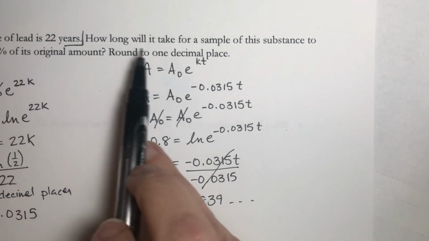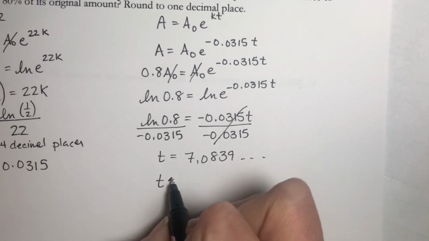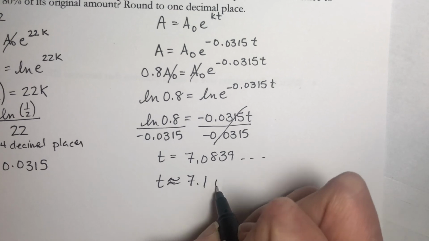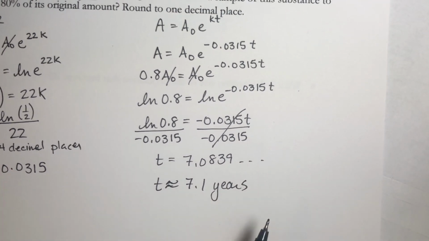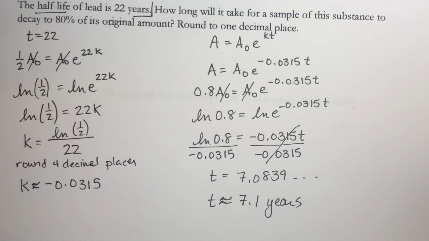Now we were asked to round to 1 decimal place. So it takes approximately 7.1 years to reduce to 80% of its original amount. This in some ways feels a lot like variation problems.